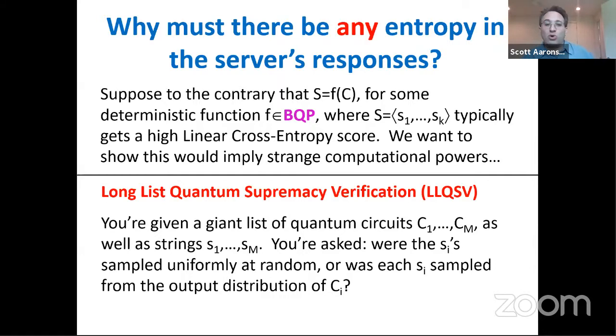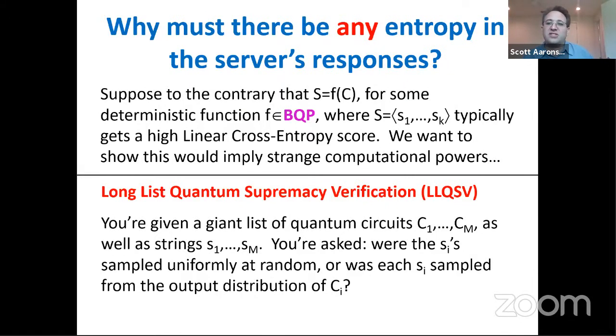You are given oracle access, or if you like, random access, to a gigantic list of random quantum circuits, C1 up to Cm. And by gigantic, I mean m is exponentially large, like 10 to the n power or something. You're also given a bunch of n-bit strings, S1 up to Sm, n being the number of qubits of each circuit.